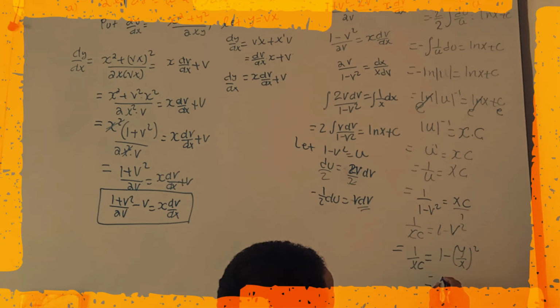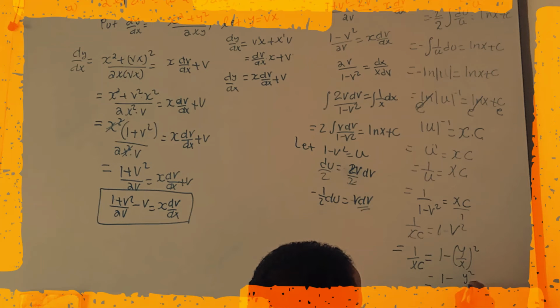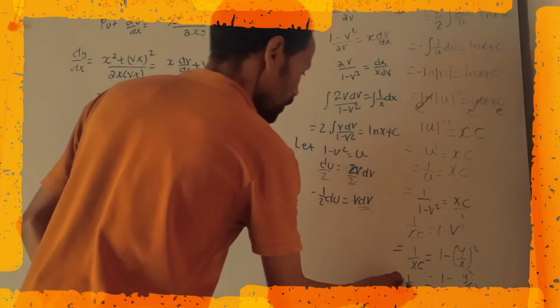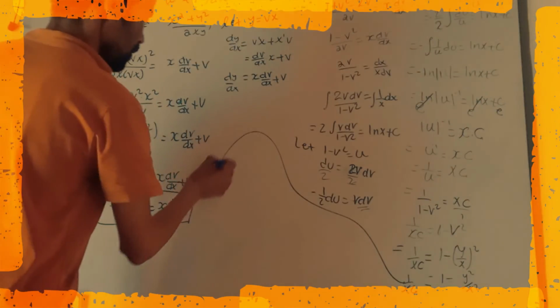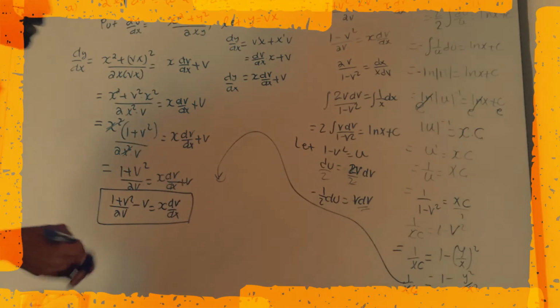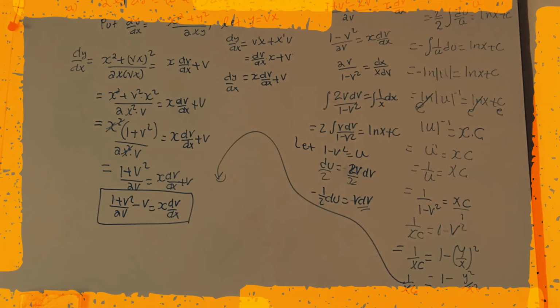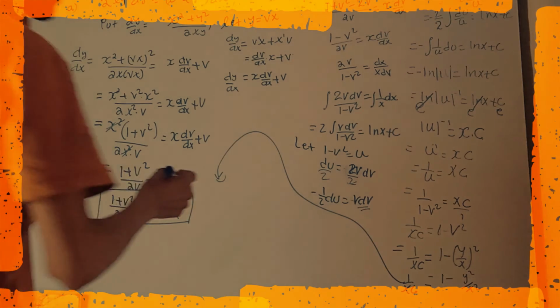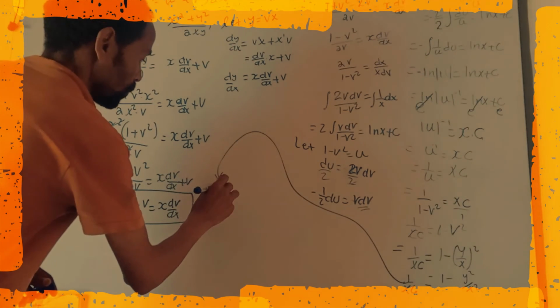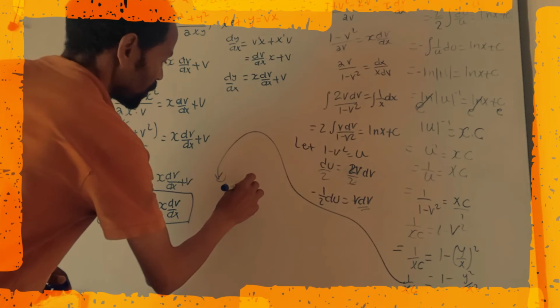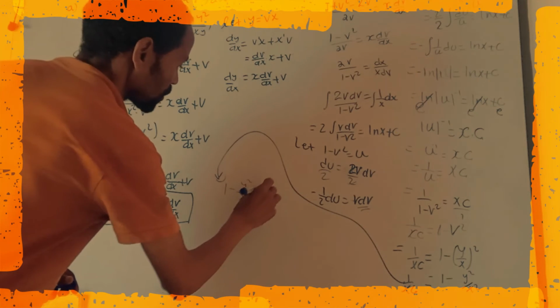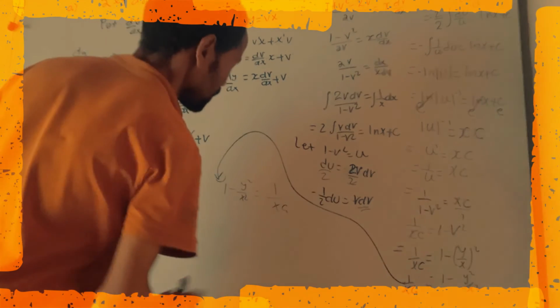This is equal to 1 minus y squared over x squared is equal to 1 over xc. Okay, 1 minus y squared over x squared equals 1 over xc.